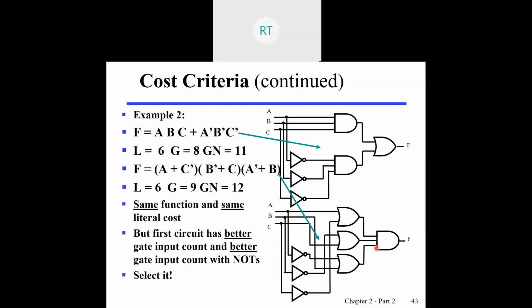How did I reach Gn equal to 12? Yes, please. 3 NOTs. Yes, you have 3 NOTs. 3 to 9. Exactly. You add 3 to the 9, you will get a 12. So, which is a better cost, do you think?